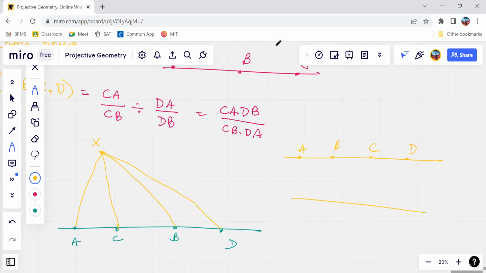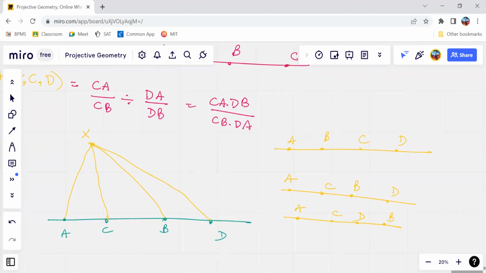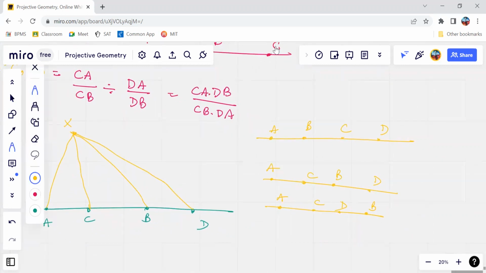You could have ABCD like this. And you can also have AB and CD like this. In each of the cases, let's check what the sign of the cross ratio is.